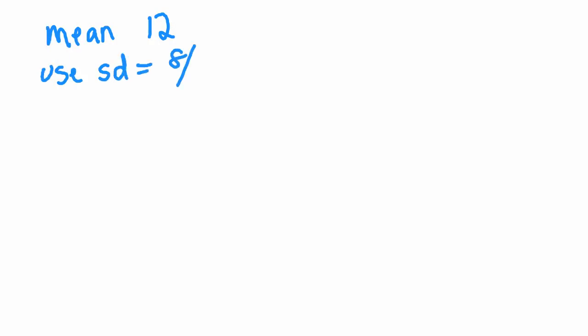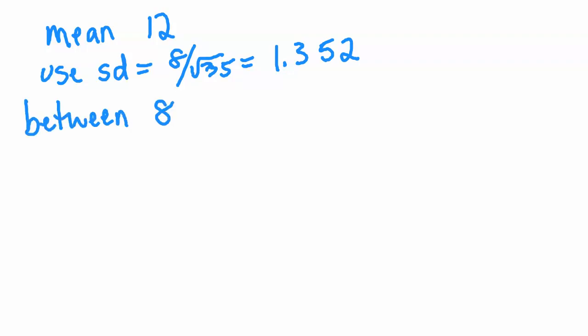Okay, so use the mean to be 12, use standard deviation to be 8 over square root of 35, which was 1.352, and we wanted it between 8 and 20, and it was 0.9985.